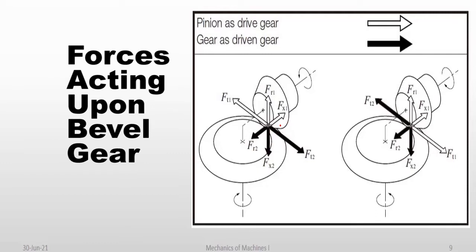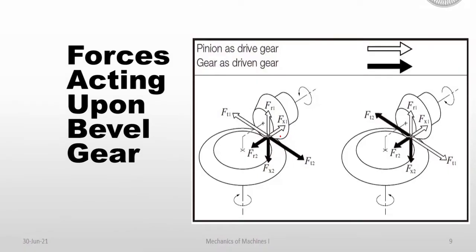This is the theory aspect behind the forces acting upon the bevel gears. When you rotate counterclockwise, you see FR is a radial force, and this one is a perpendicular force, and this one is a tangent.